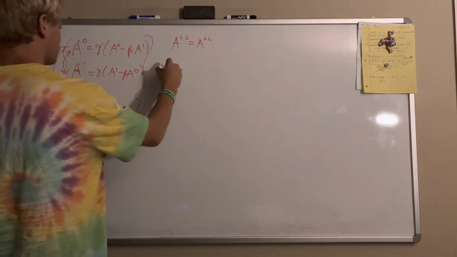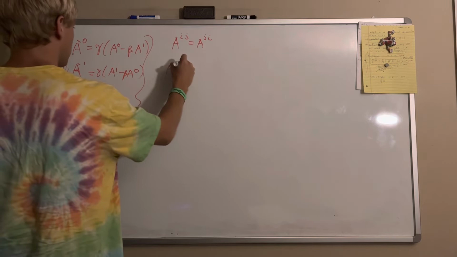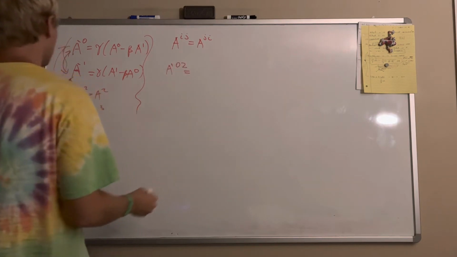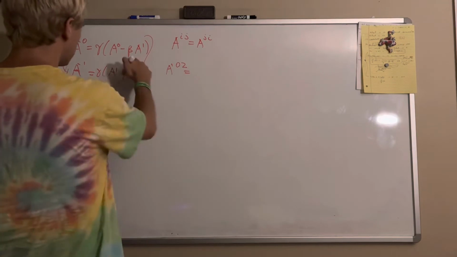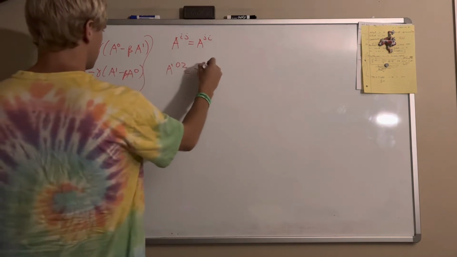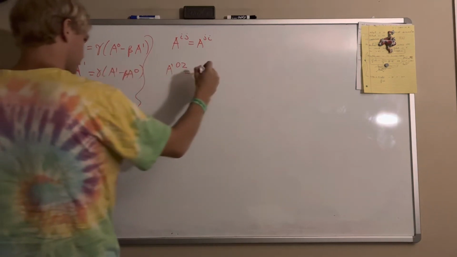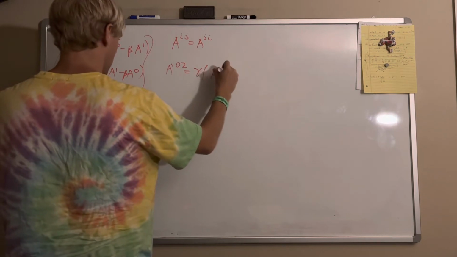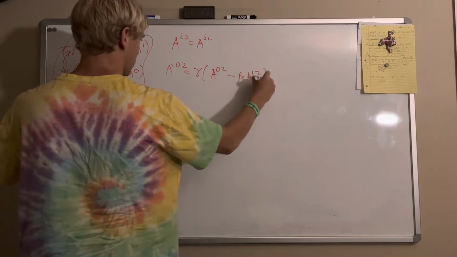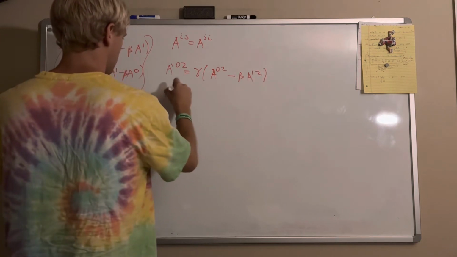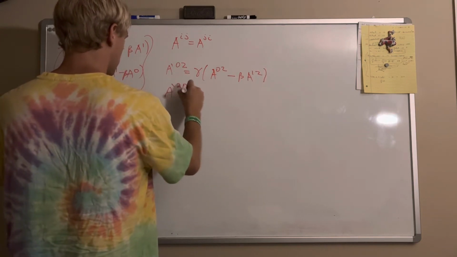So let's do it. 0, 2. What is 0, 2? It transforms like products. So I do this one times this one. So gamma A 0, 2 minus beta 1, 2. A prime 2, 0 product.